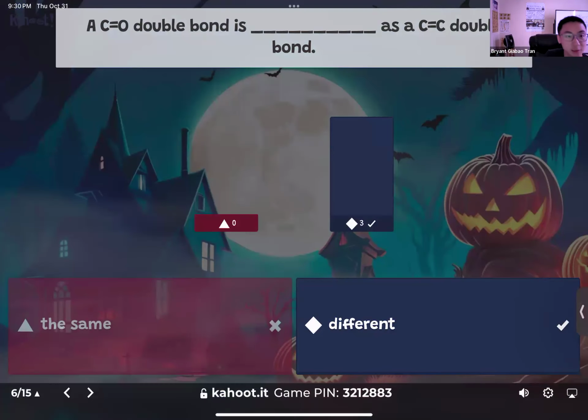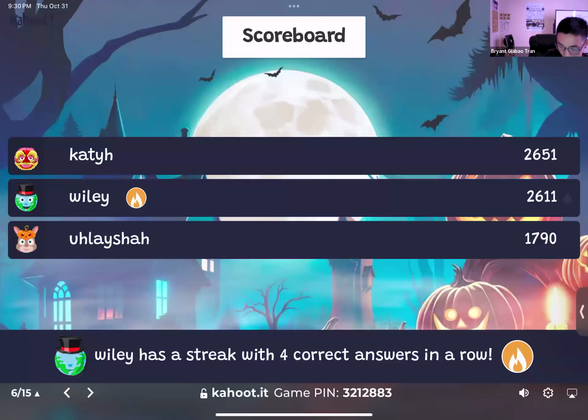Nice. They're different. They're very close, but they're different. The carbonyl C double bond O is 1700. The alkene C double bond C is 1600. Nice.